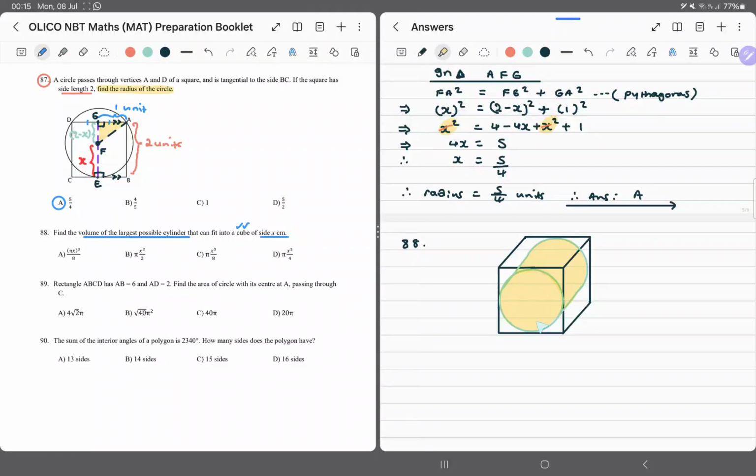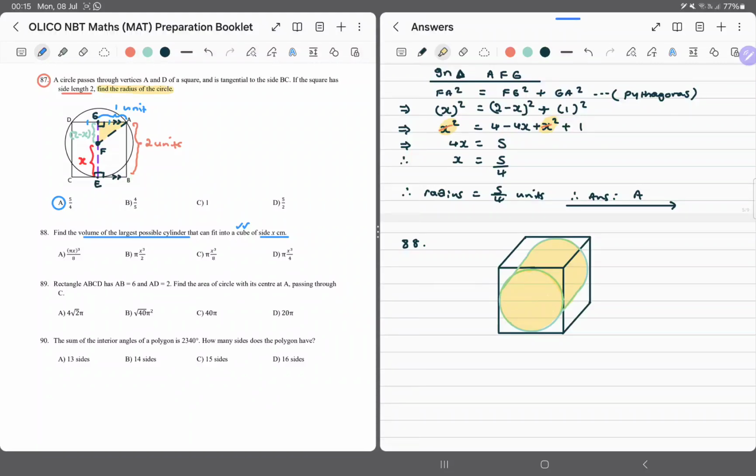So guys, there is our sketch here. So we can almost appreciate that technically the largest cylinder would have its circumference touching the sides of the square in both faces, and obviously spanning the entire cube in a way.